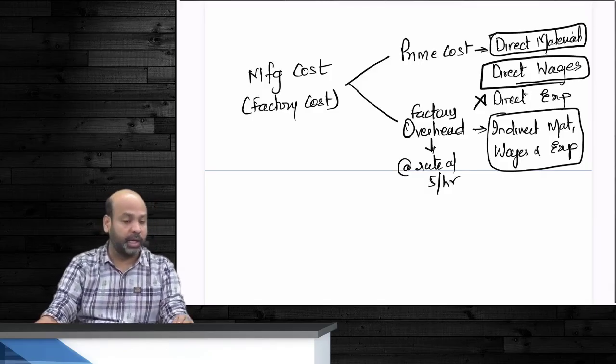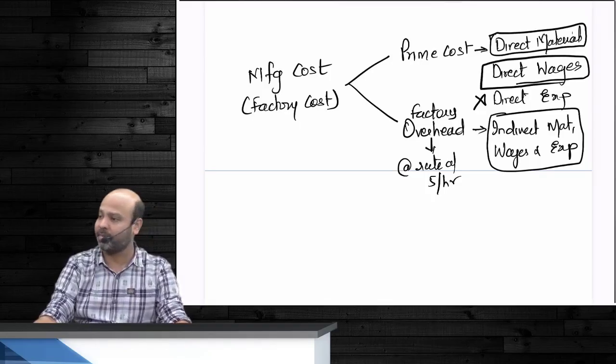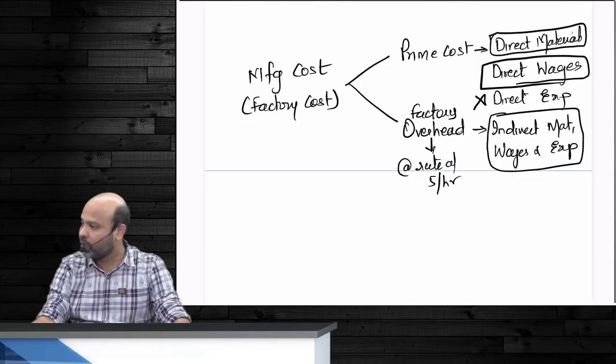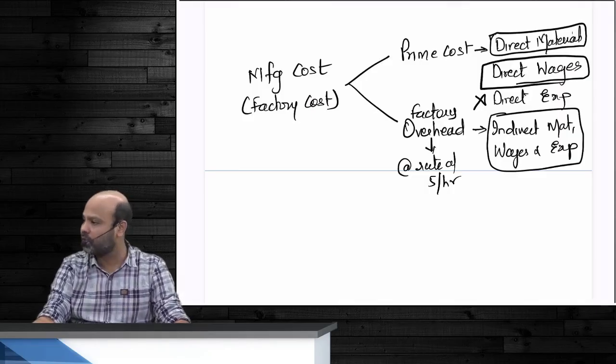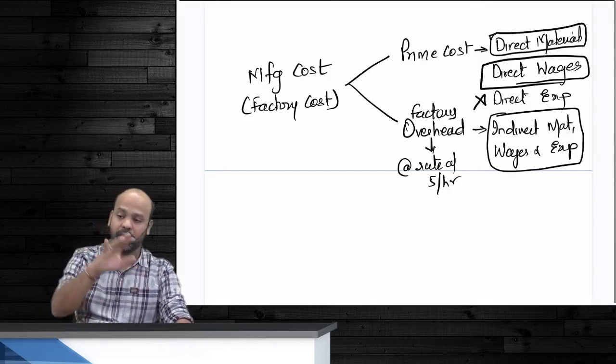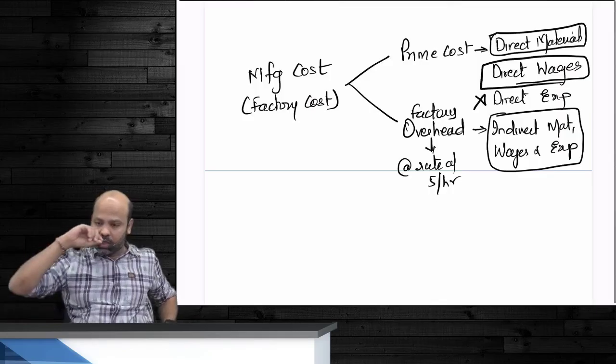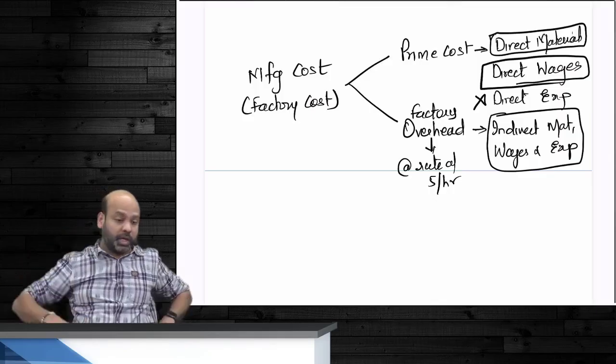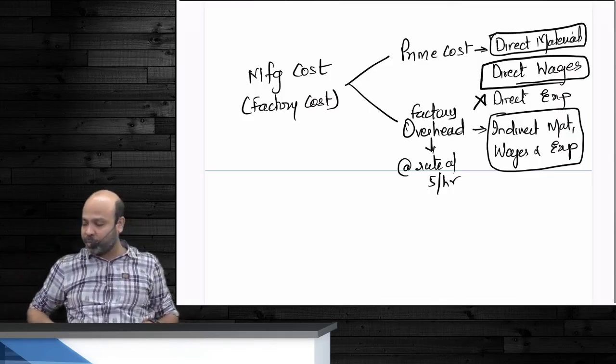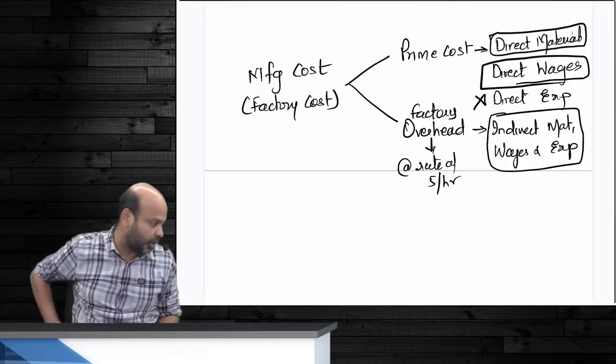If you spend 10 hours on a product, the share of factory overheads should be 5 multiplied by 10, 50 rupees. If you spend 20 hours on the product, it should be 5 multiplied by 20. Here, one person is spending 30 hours, the other person is spending 40. For the first worker, the share of factory overheads would be 30 multiplied by 5, 150 rupees. For the second worker, the share of factory overheads would be 200.